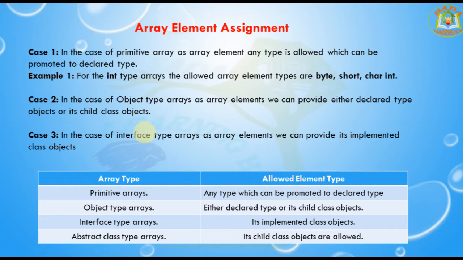Next, we are going to discuss array element assignments. Case 1: in the case of primitive arrays as array elements, any type is allowed which can be promoted to the declared type. For example, for int type arrays, the allowed array element types are byte, short, char, int.